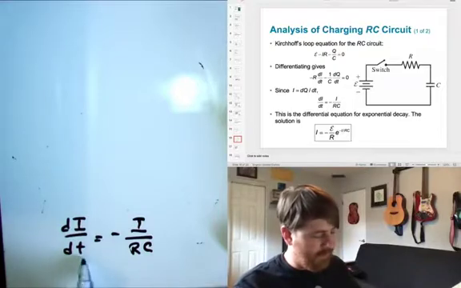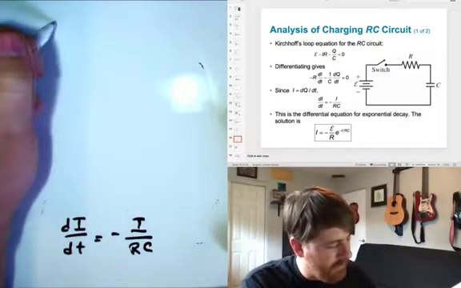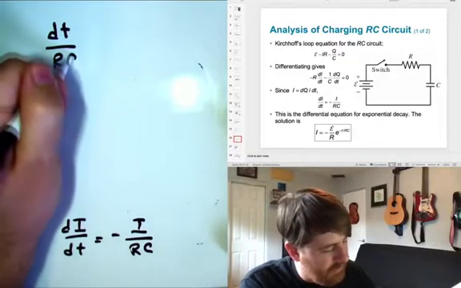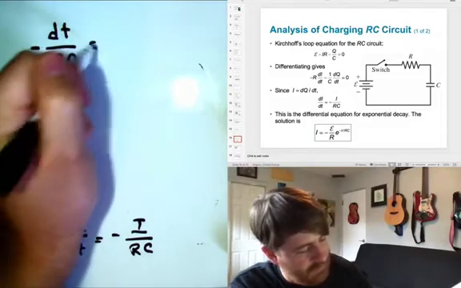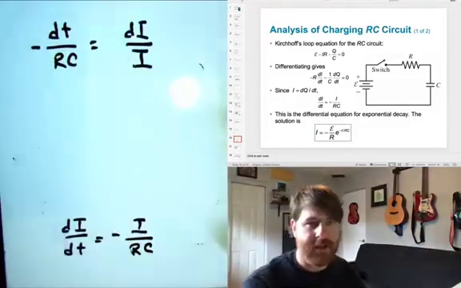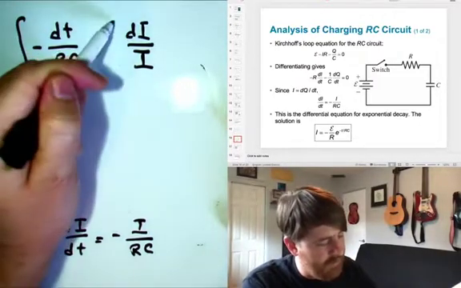Every term in here I'm going to think of as a separate algebraic expression. And so I could write this as dt divided by RC is equal to dI divided by I. I've just algebraically rearranged that expression, and now I can just integrate both sides.